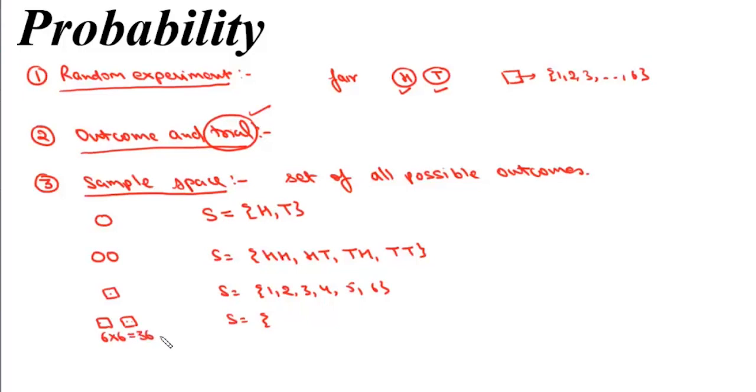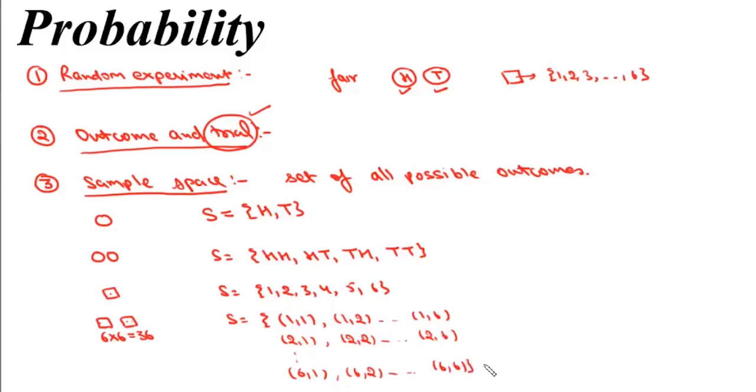So overall we'll have 36 outcomes, and we can represent these outcomes as (1,1), (1,2), ..., (1,6), (2,1), (2,2), ..., (2,6), and (6,1), (6,2), ..., (6,6).